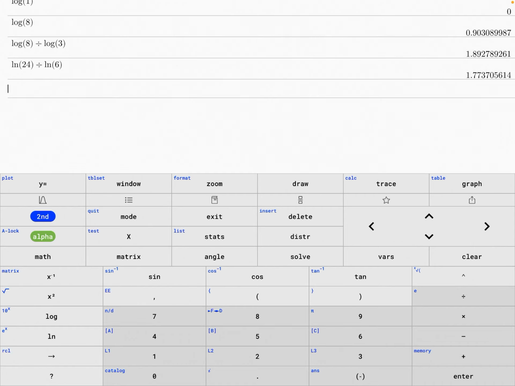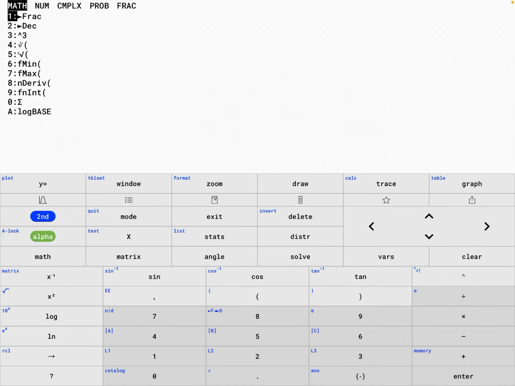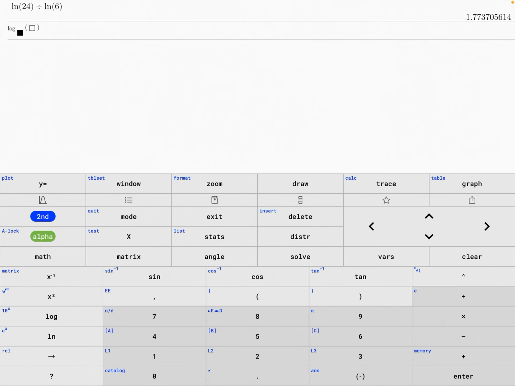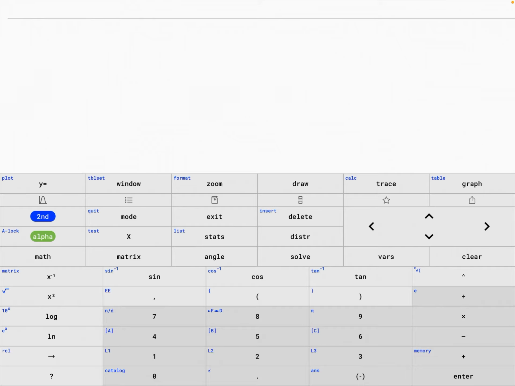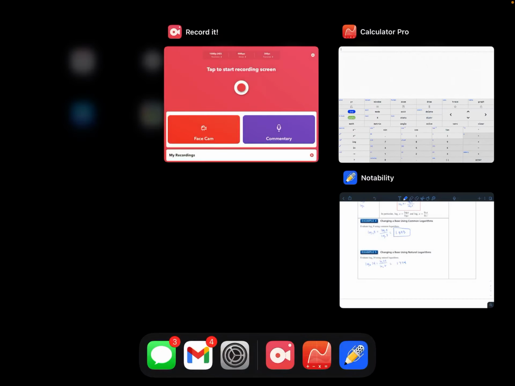On the left-hand side, 2 buttons below the second button, there's a math option. Under this math column, at the very bottom, there is a log base option. This actually allows you to enter a base of your choosing. Just FYI, but you will still need to know the change of base formula on the test and be expected to solve using the change of base formula.